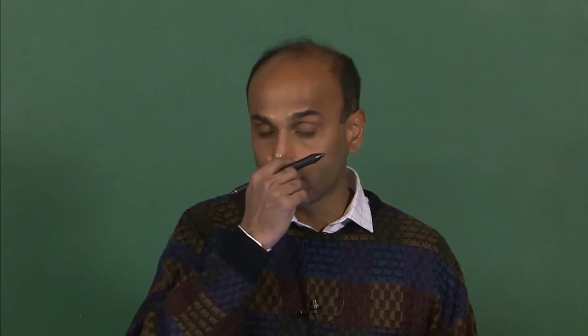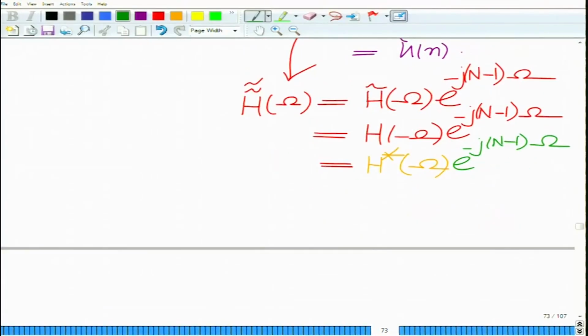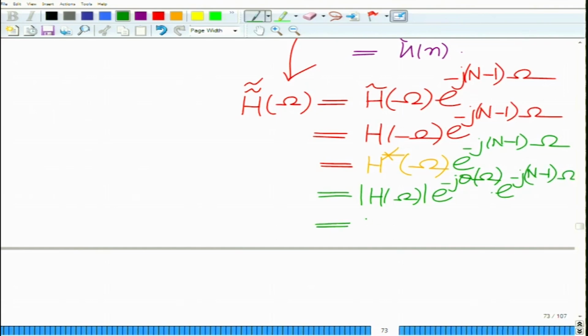So, the coefficients of h of n are real, and for any real impulse response or for any real signal, we know that h of minus omega is basically the same as h conjugate of omega. So, basically I can also write this as magnitude h of omega into the negative of the phase of h of omega, e raised to minus j theta omega, e raised to minus j n minus 1 omega, but this is equal to h of omega from the property of the filter.